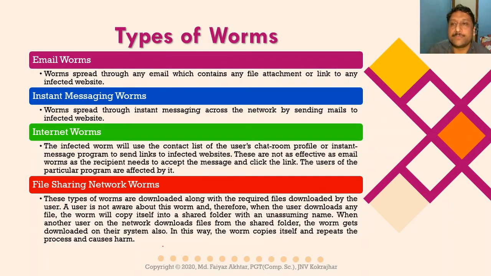So many types of worms are there. Some worms are known as email worms. Email worms spread through any email which contains any file attachment or link of any infected website. So be careful that the attachment comes from a trusted person or trusted email address, and whenever you are clicking any link, you must ensure where it is coming from. If it comes from unknown email addresses, then never click the link.